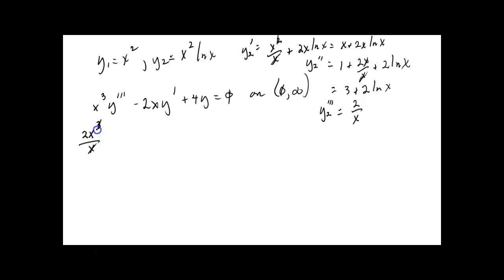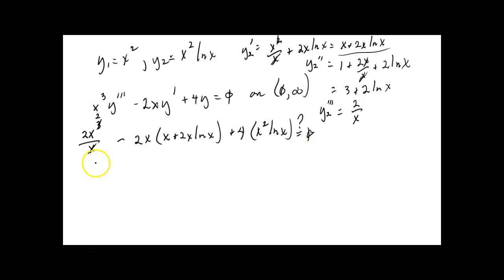So this x is going to wipe out one of those and leave us a 2x squared, minus 2x times y prime, and y prime is x plus 2x log x, right? There's your y prime up here. Plus 4 times y, and our y2 here was x squared log x. Okay, the question is, is that equal to 0?